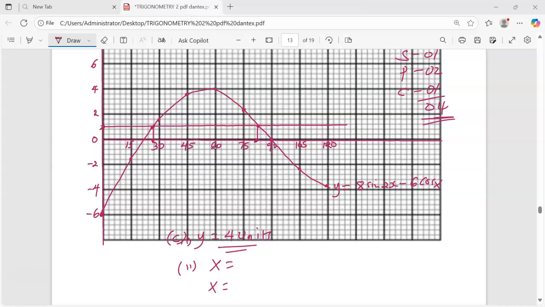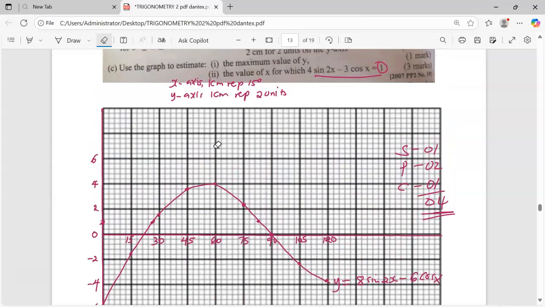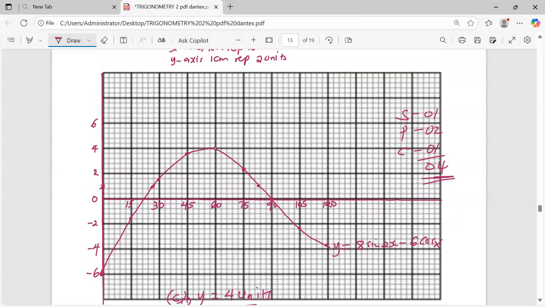So the two values of x will be at, we have made a mistake here because the curve we have is actually half of what is given. Therefore, before we draw the line, we are going to multiply this by 2, such that we draw this line where we have y is equal to 2.